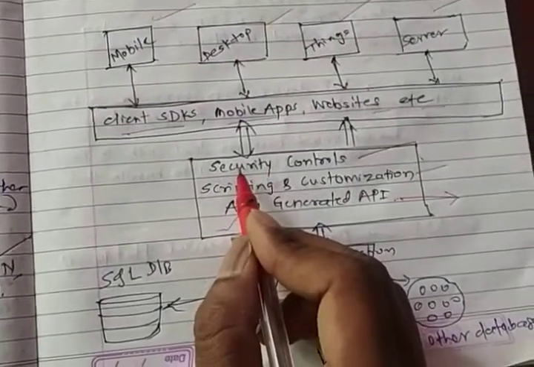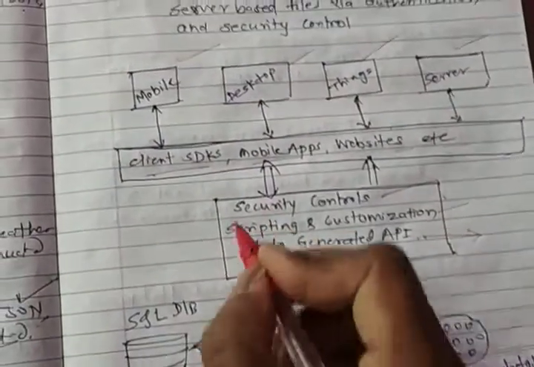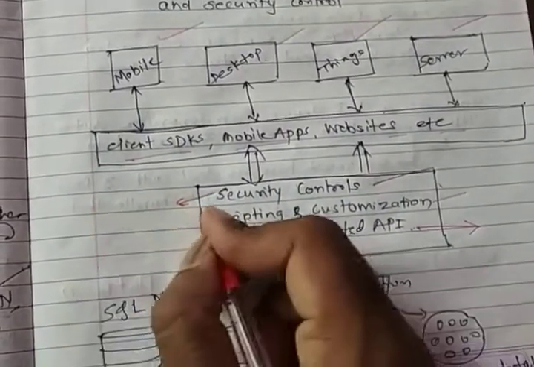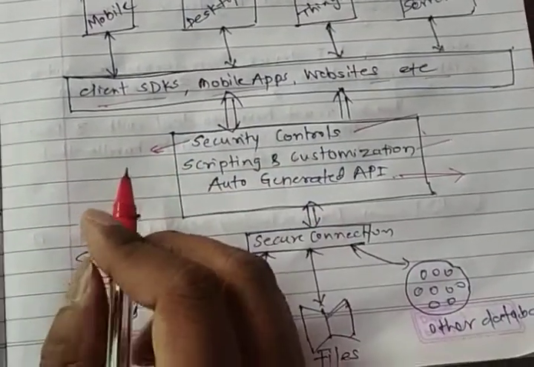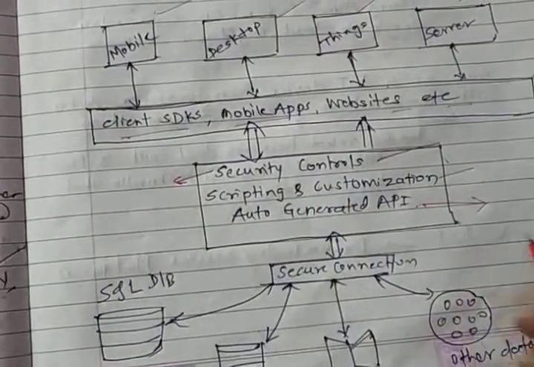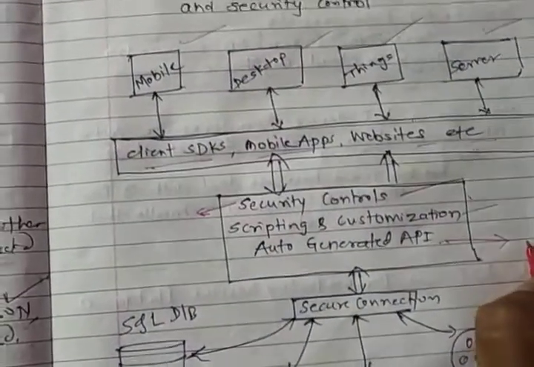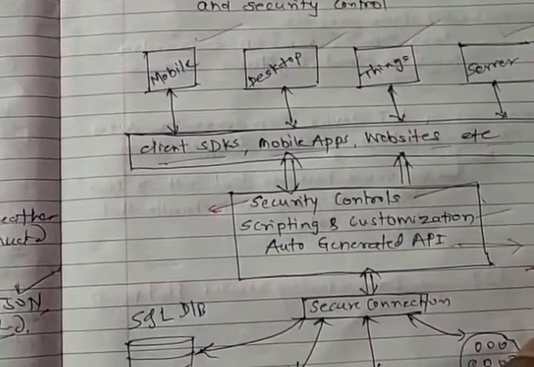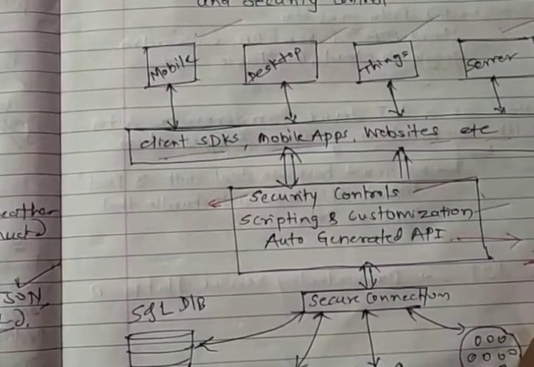These security controls mean that each and every user must have proper authority to access that particular device. It means authentication will be determined by this DSP, right?